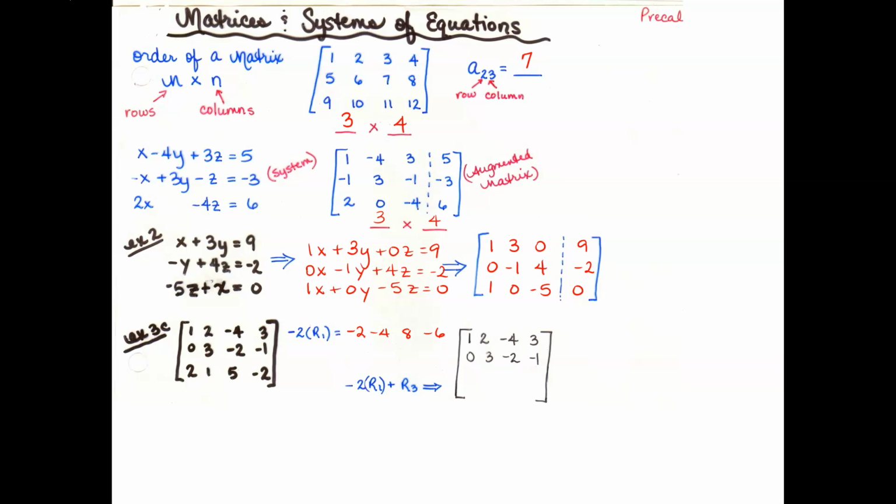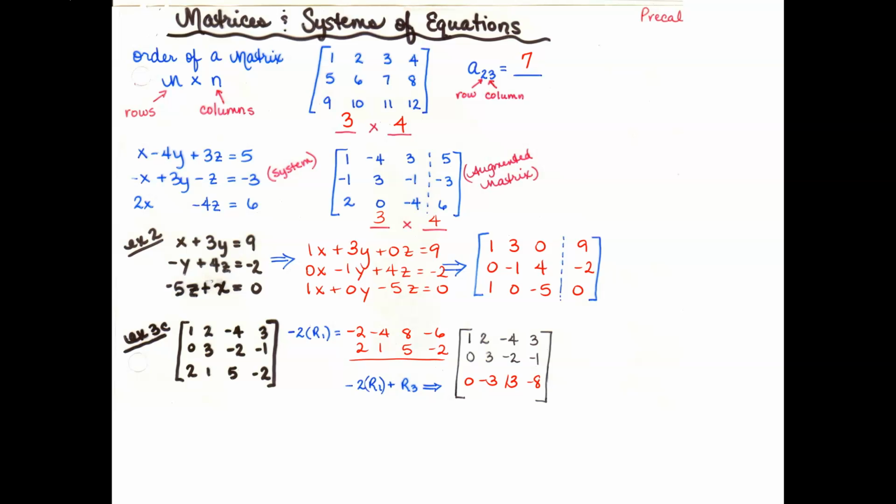We already did negative 2 times row 1 up here, so we'll bring that down and add it to row 3. Row 3 was 2, 1, 5, negative 2. Here's our negative 2 times row 1, here's our row 3, and we're just going to add those together. Negative 2 and 2 is 0, negative 4 and 1 is negative 3, 8 and 5 is 13, and negative 6 and negative 2 is negative 8.